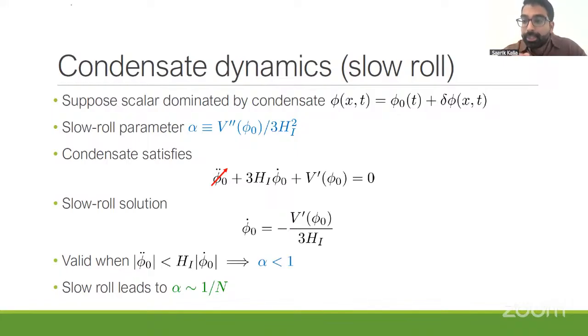But importantly, it's not, because this is a subdominant component. So Hubble now is not connected to what this scalar field phi is doing, and that gives you some different results.